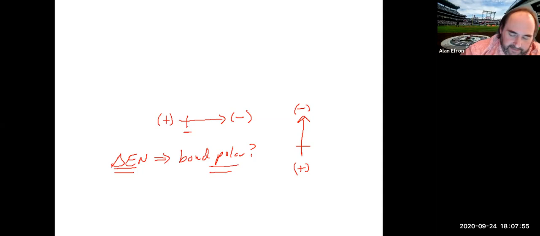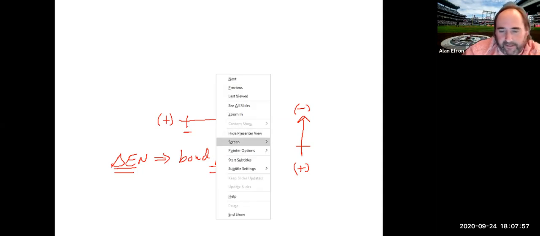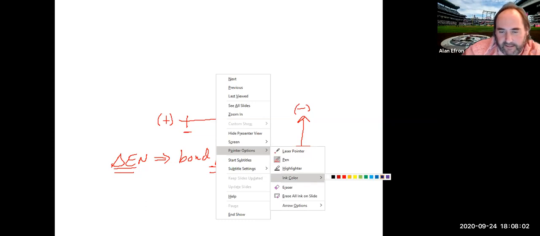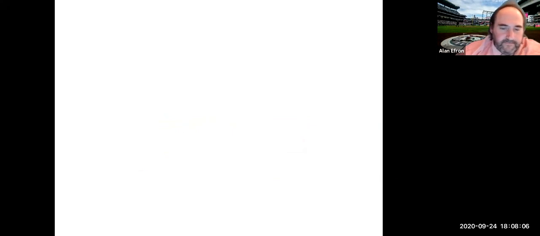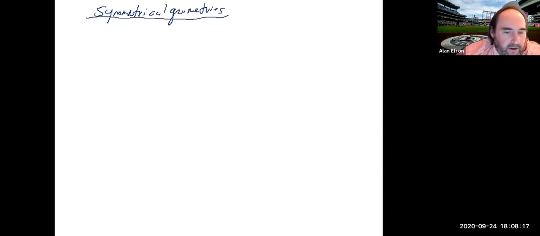So when we think about symmetrical geometries and unsymmetrical geometries, we have some symmetrical geometries. Some symmetrical geometries are trigonal planar, and we're talking about molecular geometries here, so not electron pair geometries, but overall molecular geometries.